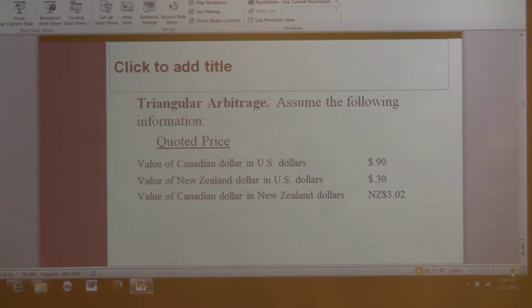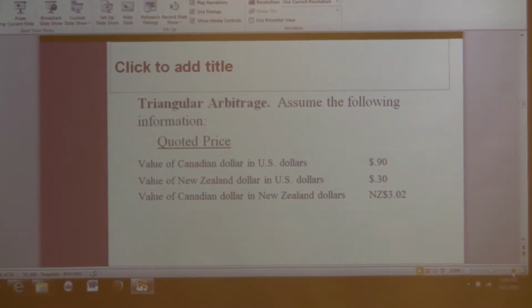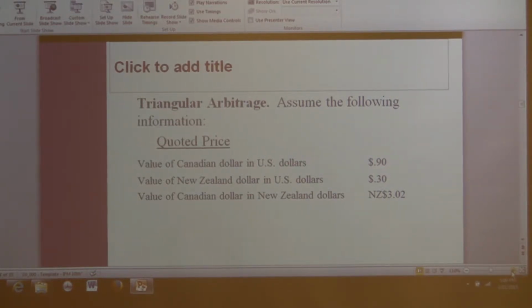So when you look at the Canadian dollar to the New Zealand dollar, we can write it as follows. On one side we have the cross exchange rate, that is the Canadian dollar to the New Zealand dollar, and on the right hand side we have the exchange rate using the US dollar as the middleman. Okay? The cross exchange rate is 3.02.